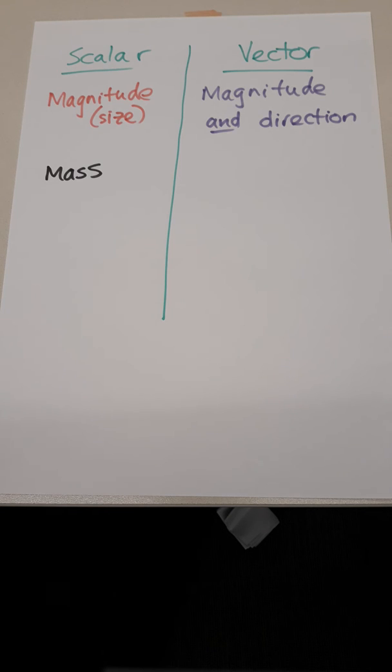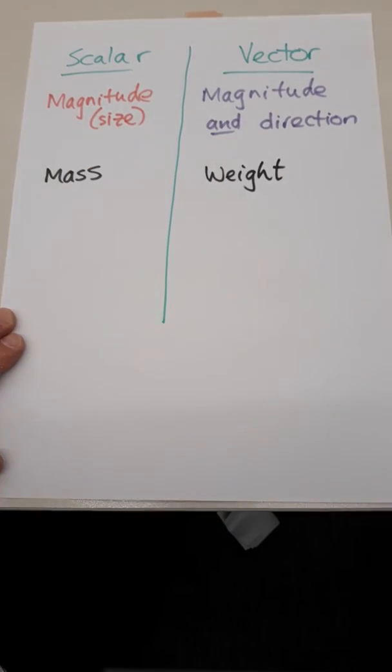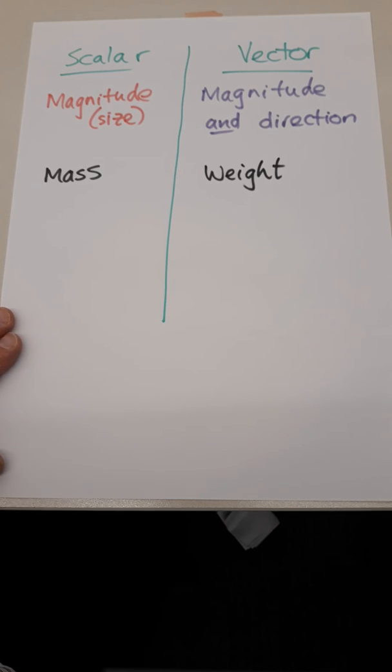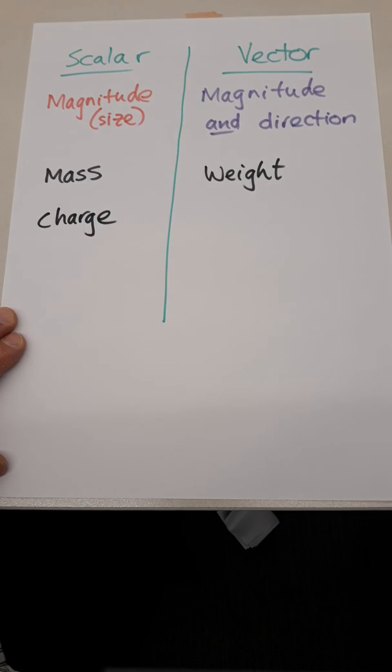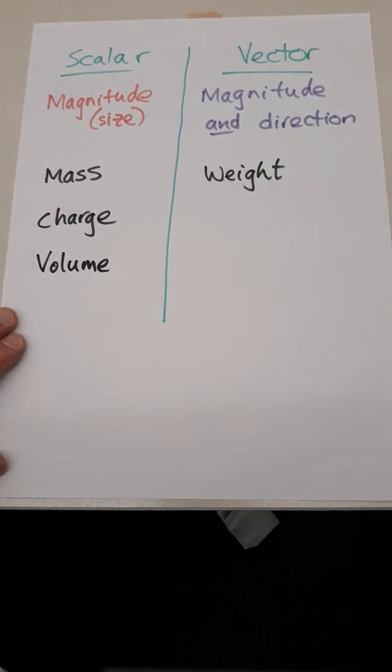So mass itself is scalar, but mass acted upon by the force of gravity, mass times acceleration, is a force which we call weight. And weight has direction, but mass doesn't. Something like charge, in chemistry or physics, you might be looking at the charge of different particles and so on. Something like volume. These have size but don't have direction.